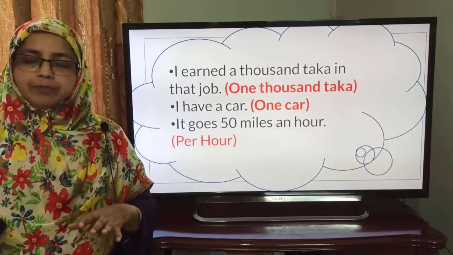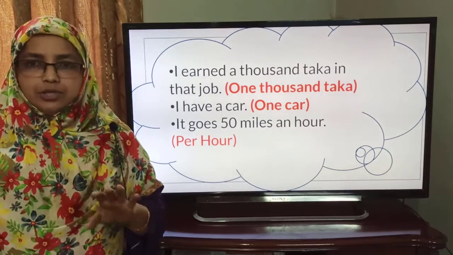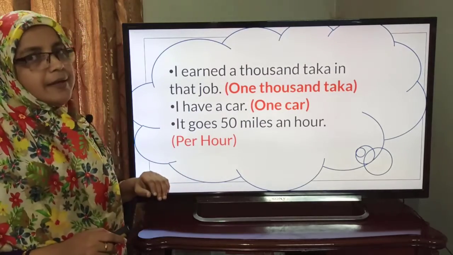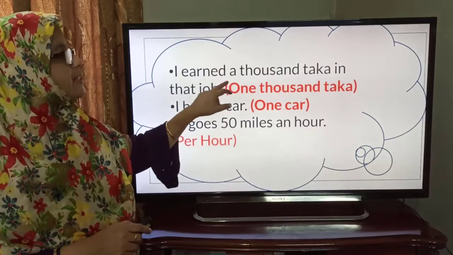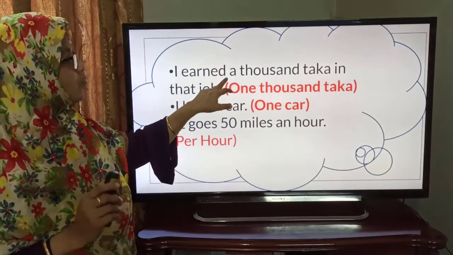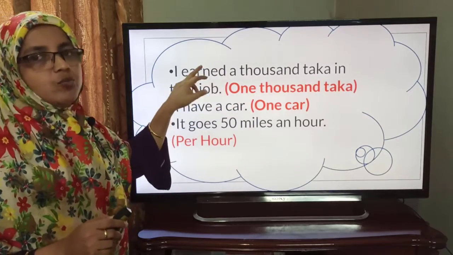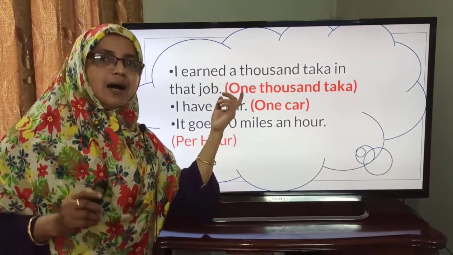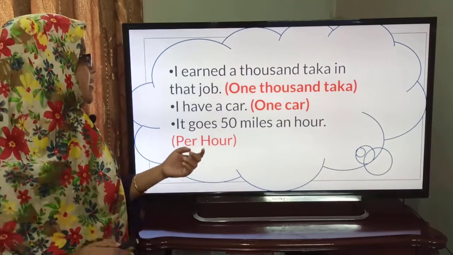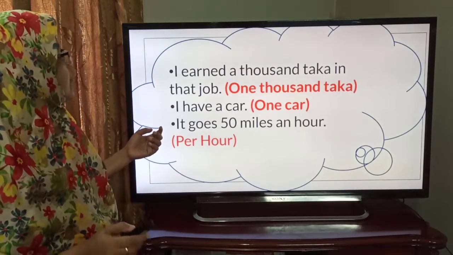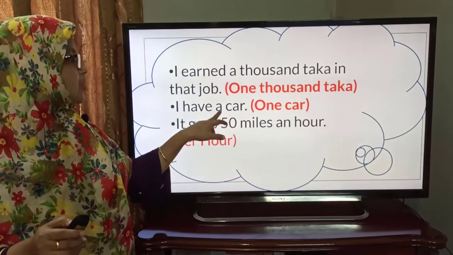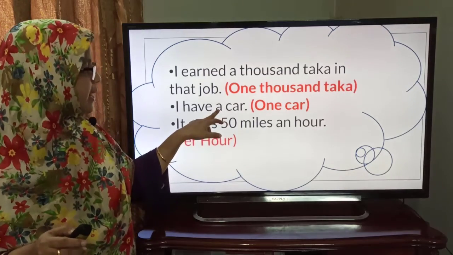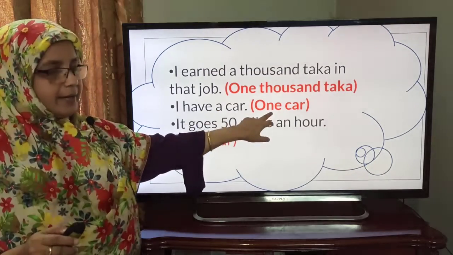Suppose you have done a very good job and you have got 1,000 taka. That means 1,000 taka. It refers to one thousand. So in this case, we have to use a. Clear? Another example. I have a car, one car, not many. So here a is used for one car.